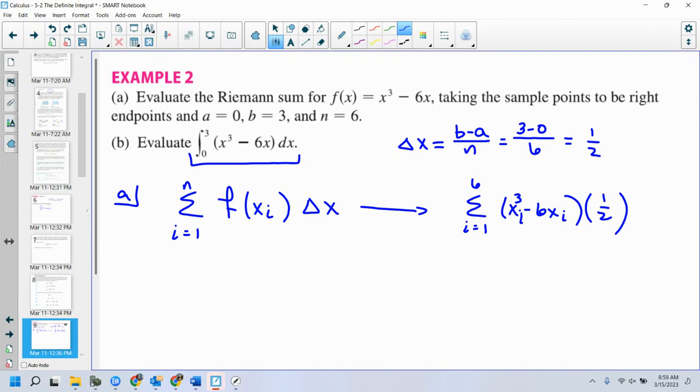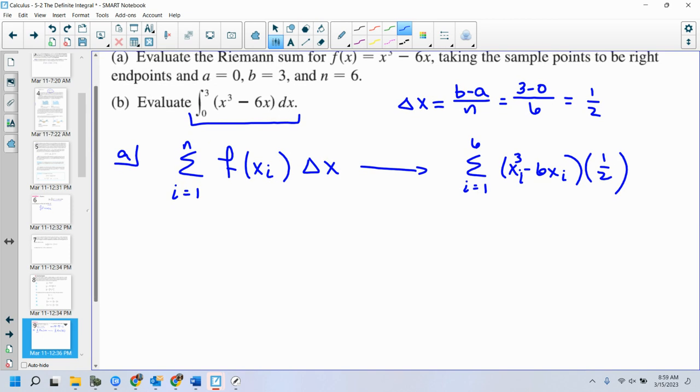Now, let's evaluate what our xi's are going to be. Now, think about this. If I am choosing right side endpoints, let me kind of draw it out a little bit. You know what? I'll do it on the screen so everybody can see it at home too. If I've got my function here, again, I don't know what this looks like.